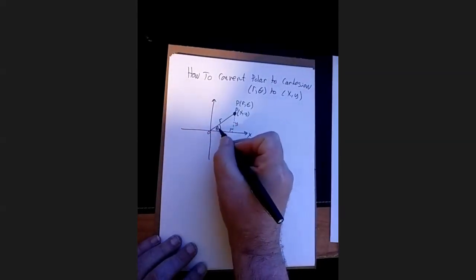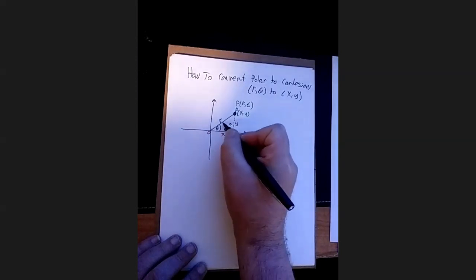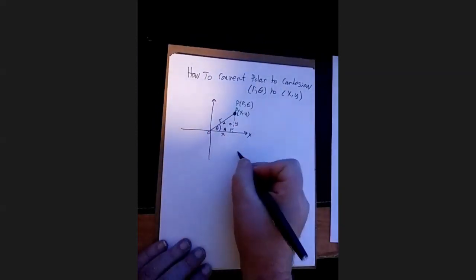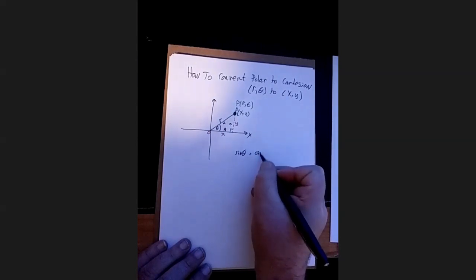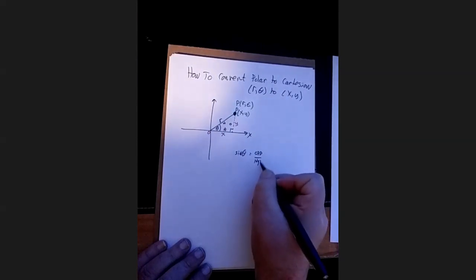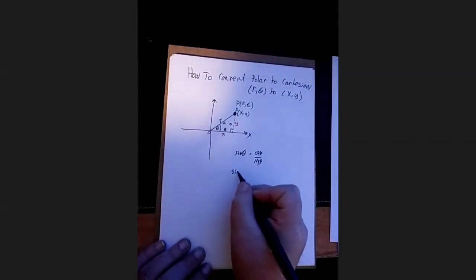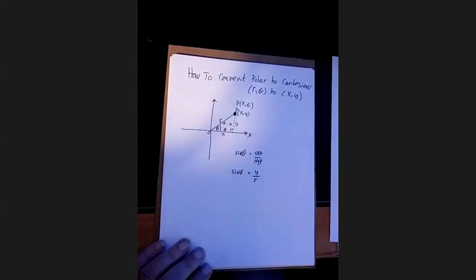If this is the angle theta, we'll call this the opposite, this the adjacent, and this the hypotenuse, agreed? And won't the sine of theta be the opposite over the hypotenuse, from SOHCAHTOA? And so the sine of theta will be y over r.